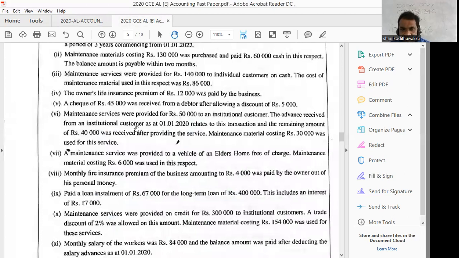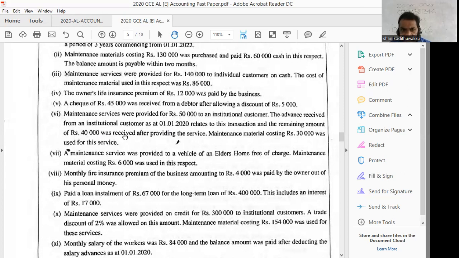Maintenance services were provided for 50,000 rupees to an institutional customer. The advance received from an institutional customer as at 1st January 2020 relates to this transaction, and the remaining amount of 40,000 was received after providing the service. Maintenance material costing 30,000 was used for this service. Here they are providing a service now, but they have used maintenance materials.